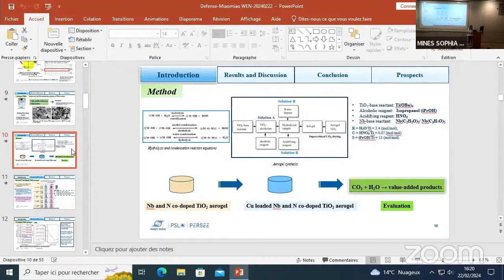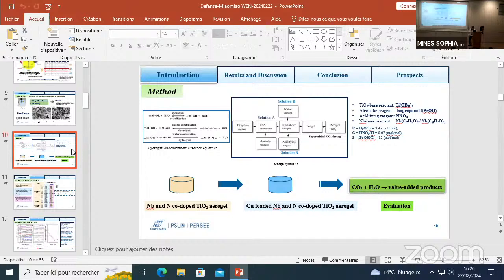To be sure, you need to see if there are any hydroxide groups, maybe before supercritical drying and after. You can use only very simple spectroscopy to see that. If you look by infrared spectroscopy, you can see these different groups, so it's quite easy to do.